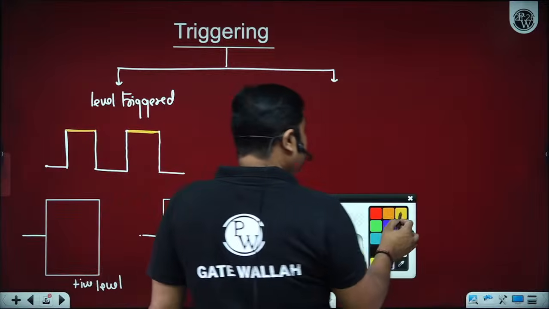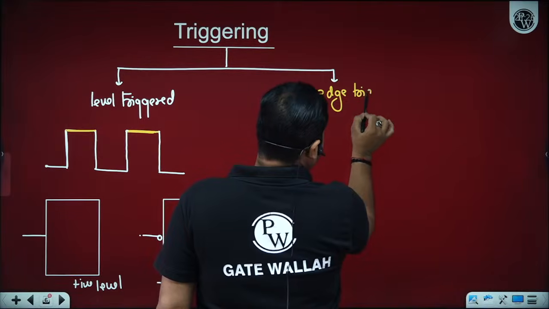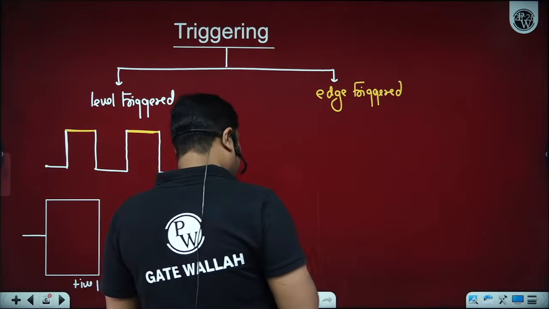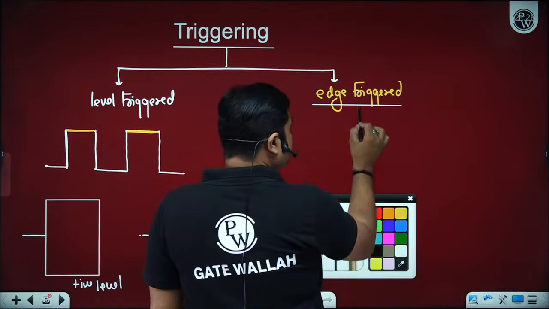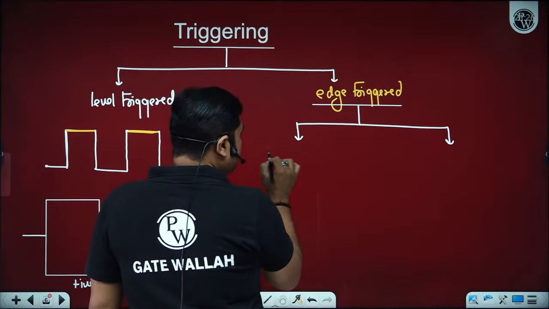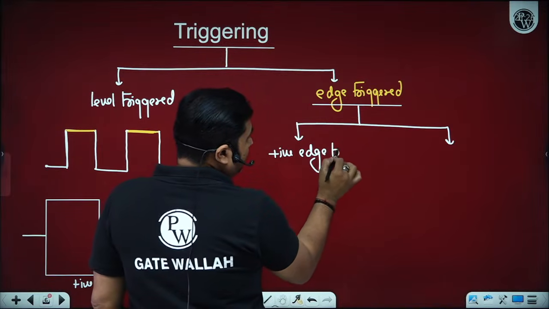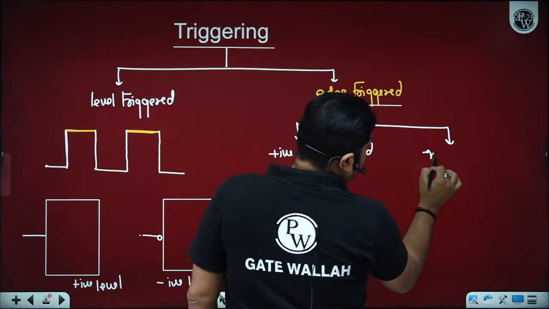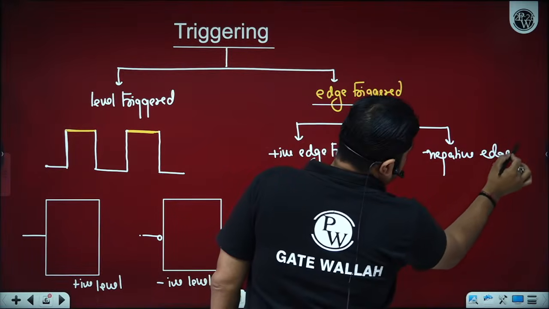If we talk about the second one, that is called the edge triggered circuit, in case of an edge triggered circuit, we have two possibilities. One is called a positive edge triggered, another one is called a negative edge triggered.